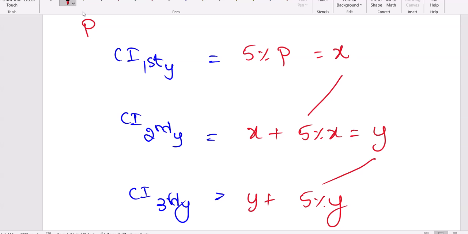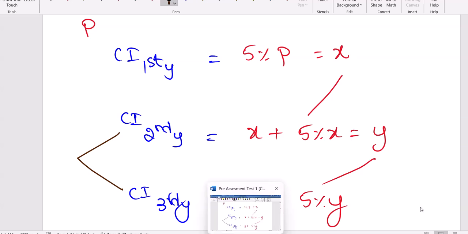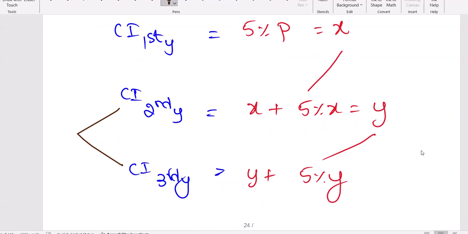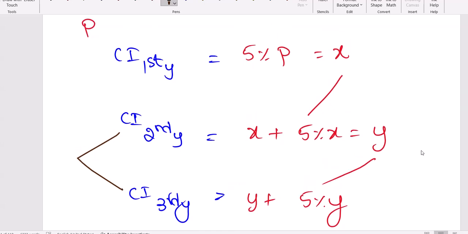But what is given in the question? The difference between second year and third year is 5% of Y. First note this down, because I want to move here and there.